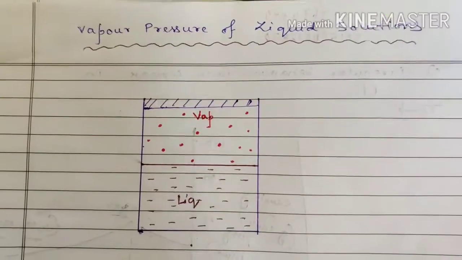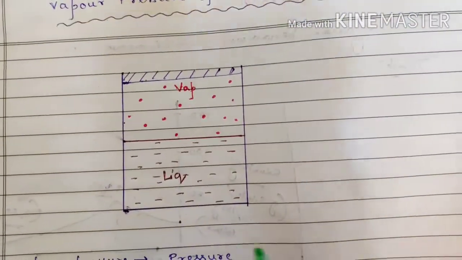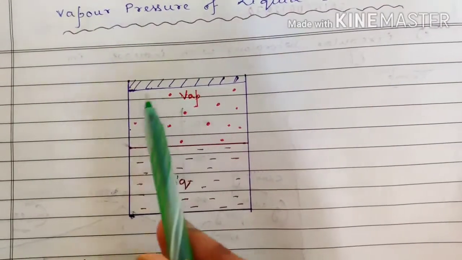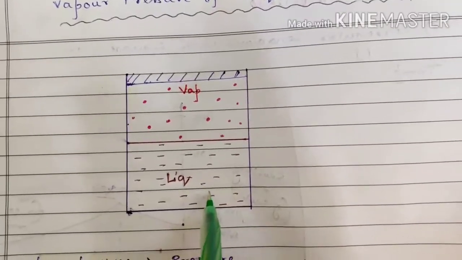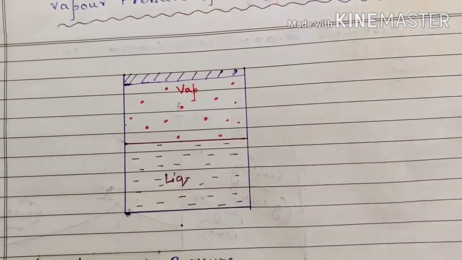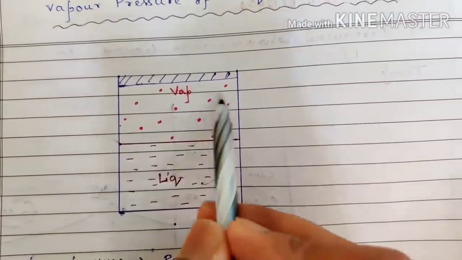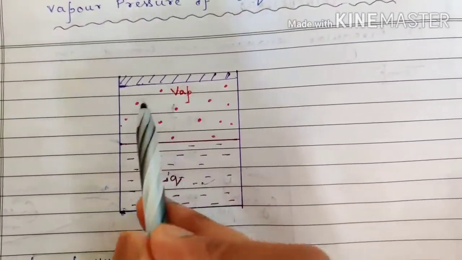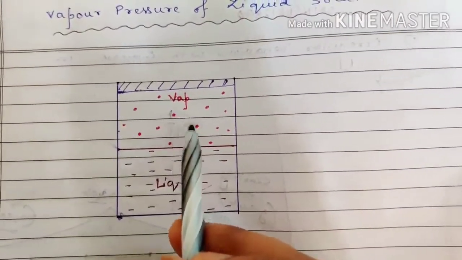In order to understand what the vapor pressure of a liquid solution is exactly, here we have chosen a closed container. This container is closed from everywhere. Here you can see the black portion is the liquid solution which we have taken. And above the liquid, within the container, this portion is vacant.